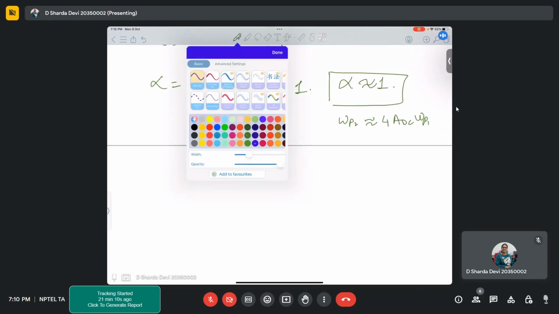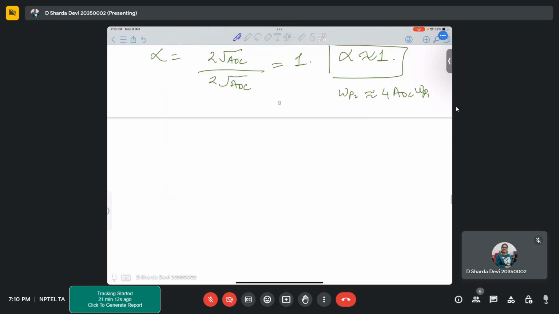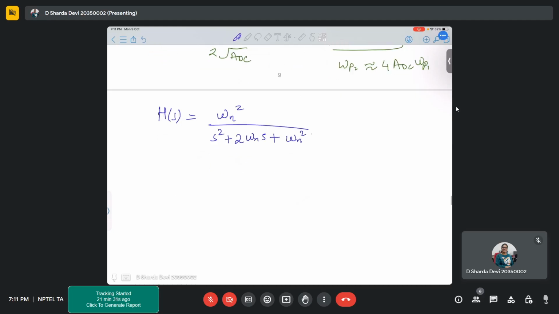So here, since your alpha is 1, how will the transfer function look? It will be omega n square upon s square plus 2 alpha omega n s, right? Alpha is 1, so s square plus 2 omega n s plus omega n square.